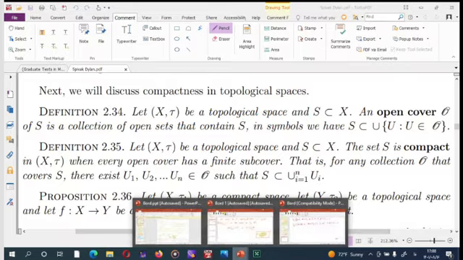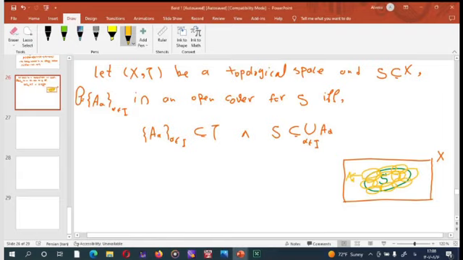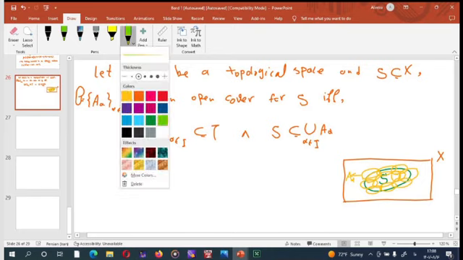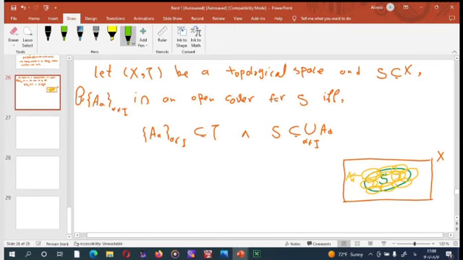Or we can write: S is compact if and only if we have this property.